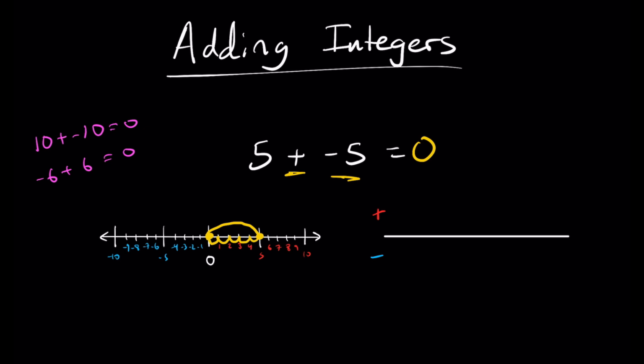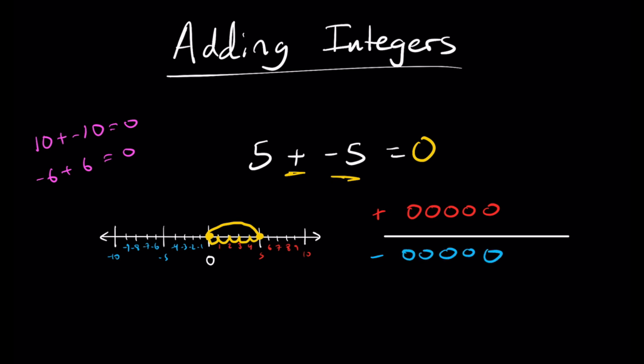I can show this another visual way over here on the right. Let's say I have 5 positive circles, 1, 2, 3, 4, 5, which represents this 5 over here. And then I have 5 negatives, and that's going to represent that -5 there. So I have 1, 2, 3, 4, 5.